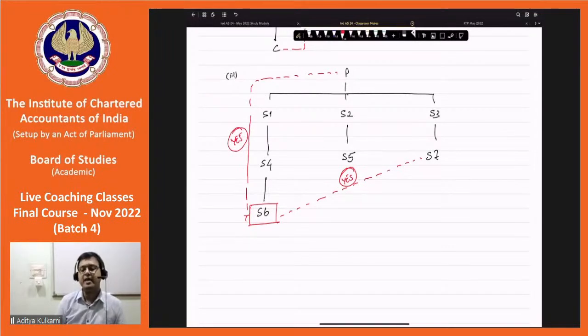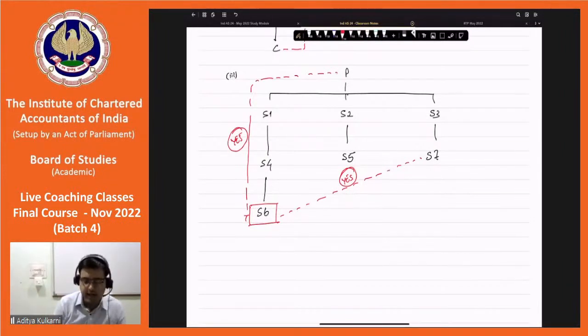Is P related to S5? Yes. Is P related to S7? Yes. Is S3 related to S5? Yes. Is S3 related to S2? Yes. S1 to S3? Yes. So in one group, all the members are related to each other.